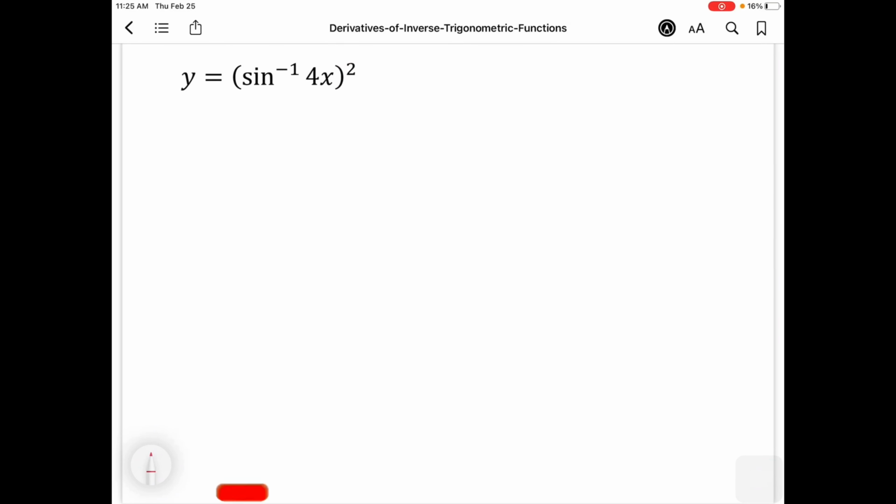The next is y is equal to sine to the negative 1 for x, then quantity raised to squared, or the quantity of arc sine for x squared. So, in this case, magkakaroon tayo na apply tayo ng chain rule. Chain rule property ang i-apply natin dito. So, in this case, so since sine ang given natin, so apply tayo ng chain rule is equal to y prime is equal to 2.